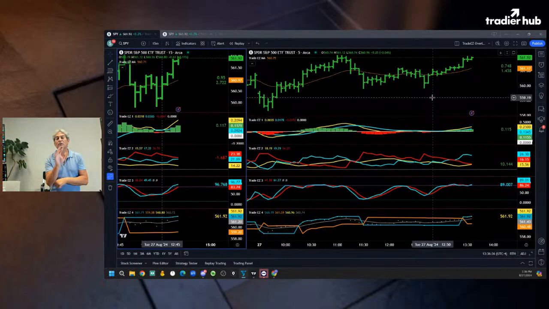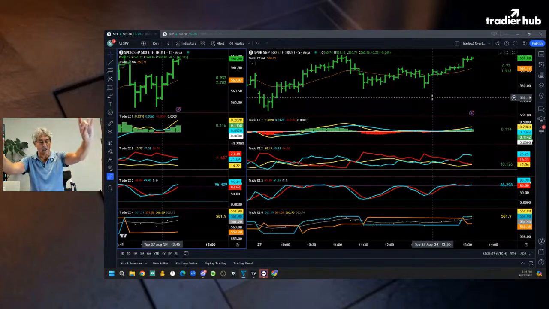If I did not know, okay, that the Spiders, if I did not look at the Spiders, the SPY, and when we got that pullback at 11:30, 11:35 on the S&Ps, there was no way in the world, just by looking at the S&Ps, that I would be looking to buy that. The fact that the Spiders are right next to me, chart by chart, side by side, right?